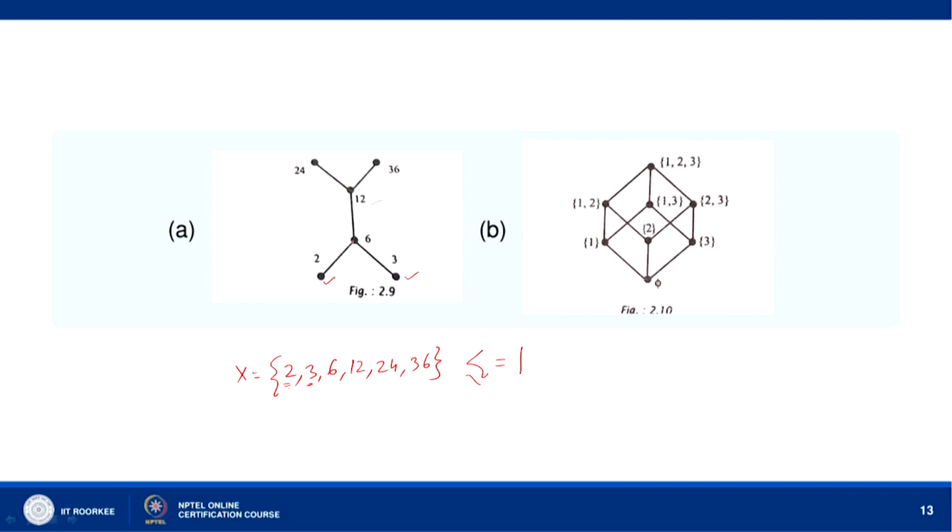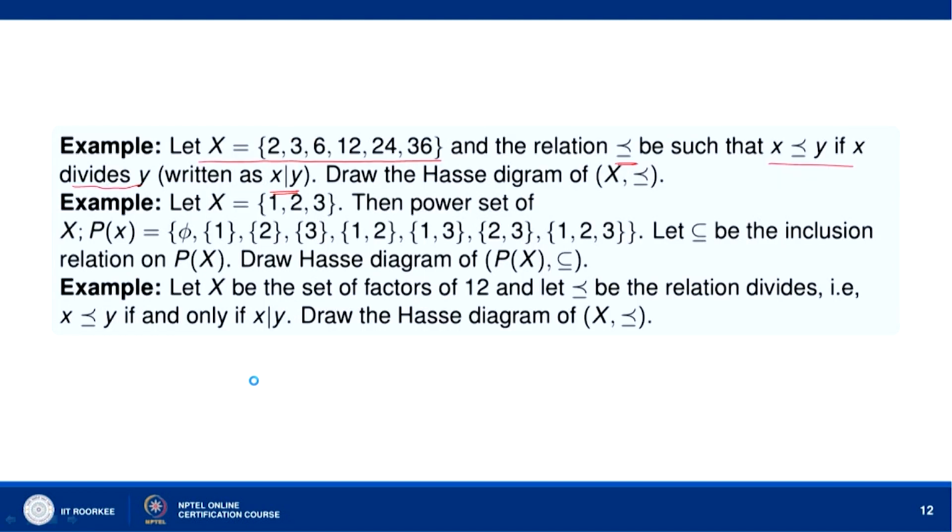See, 6 is up here, then 6 divides 12. So, 6 lies below 12, and then 12 divides 24 and 12 divides 36. So, this is the Hasse diagram of the poset X.